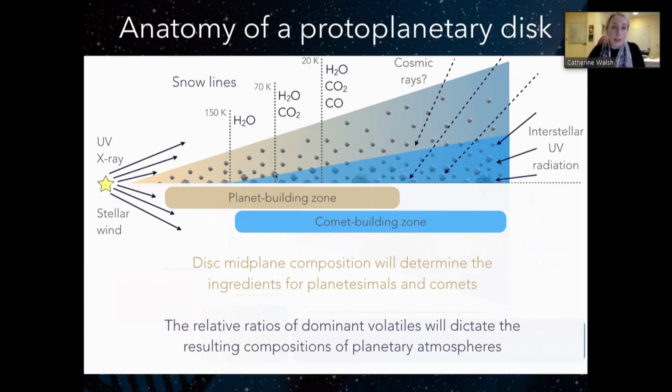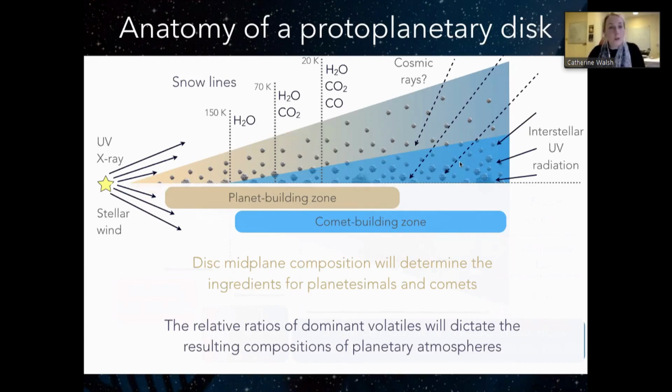And this is important because the relative ratios of ices that we have in the disk midplane will then determine the ingredients that we have for building our planets and our comets. And that goes on to have further implications for, as you will hear during this workshop, molecules you might expect to see in planetary atmospheres.